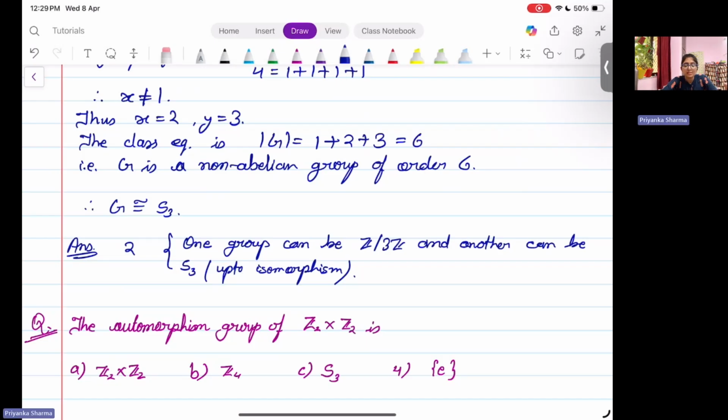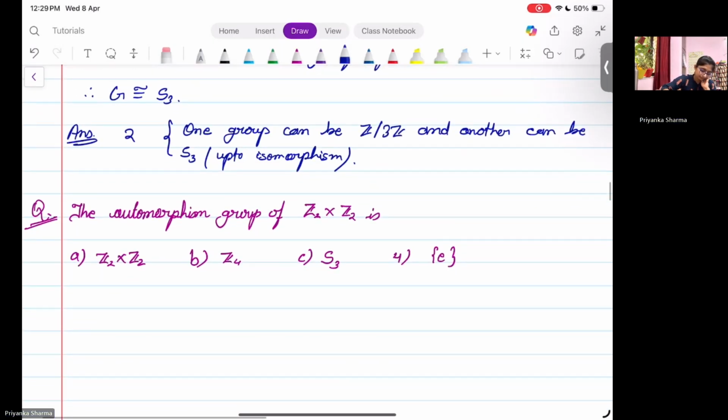So this is the next question. The automorphism group of Z2 cross Z2 is: whether this is Z2 cross Z2 itself, this is Z4, this is S3, or this is the trivial identity.